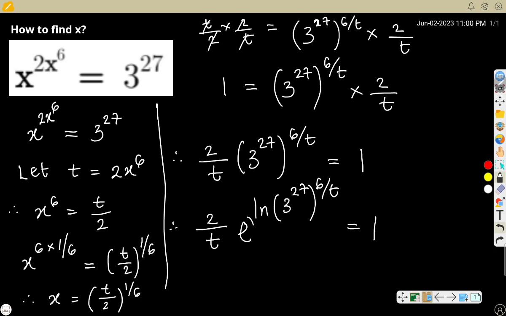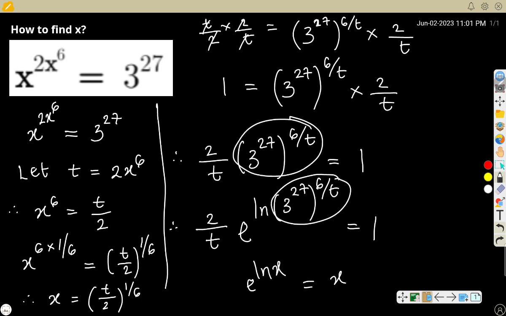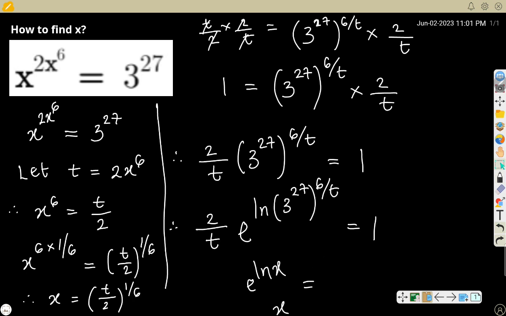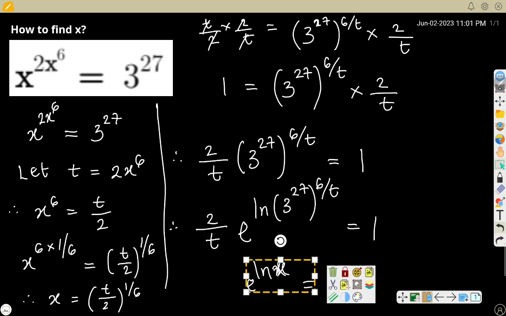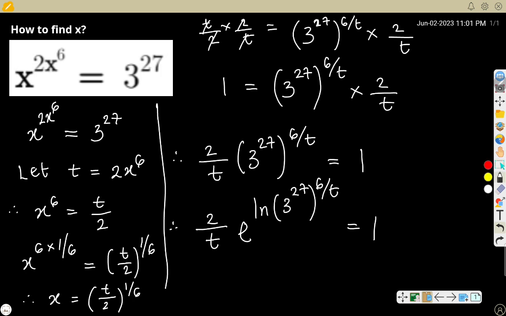I apply e here now. So if I apply e, don't forget, e raised to power ln x is equal to x. So e raised to power ln all this is still the same thing as this. Just learn the techniques, because the method is not what they will teach you in school.